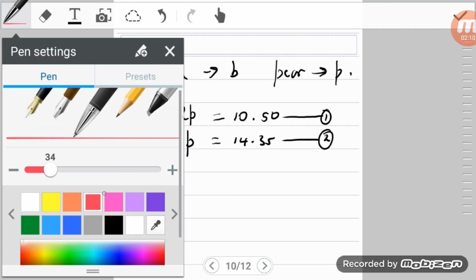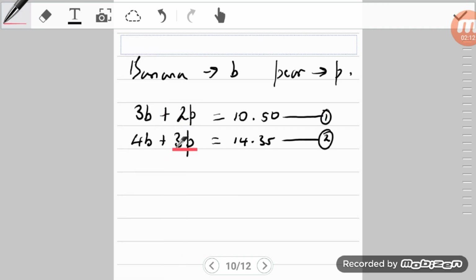Now for those who are familiar with the methods of simultaneous equations using the elimination method, you would know that we need to equalize the middle term or the end term, preferably the middle term. So here I would simply multiply this equation by 3, and I would then multiply the bottom equation by 2. By using these two multipliers, we'll find that after the multiplication, the two middle terms are going to have the same coefficient.